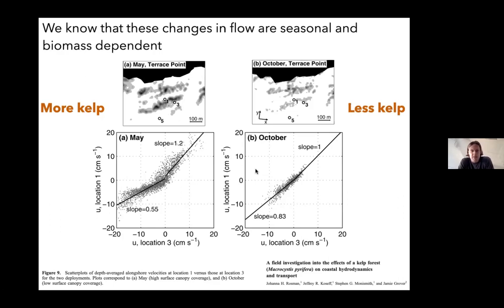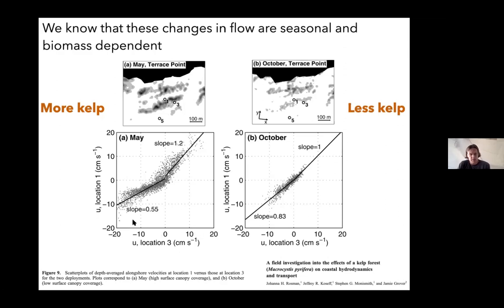Each axis is an east-west velocity. If we focus on the bottom left panel, westward velocities are negative values and eastward velocities are positive values.